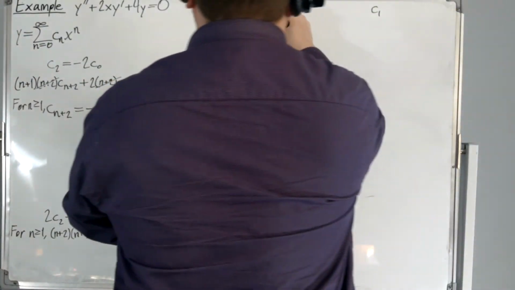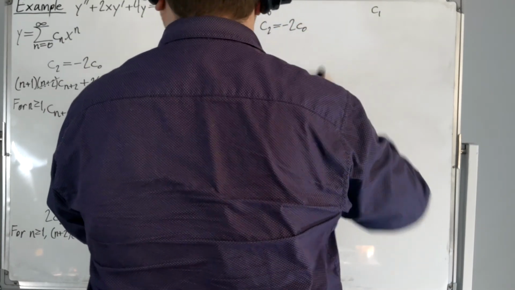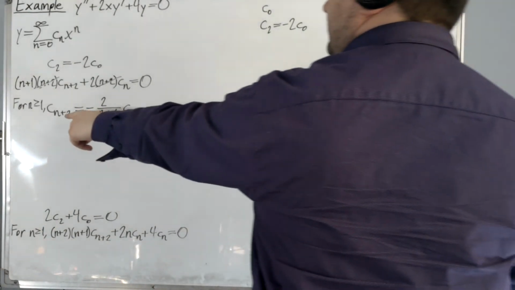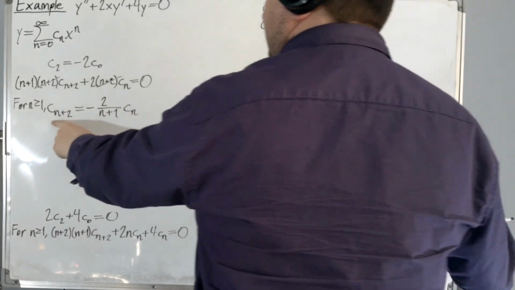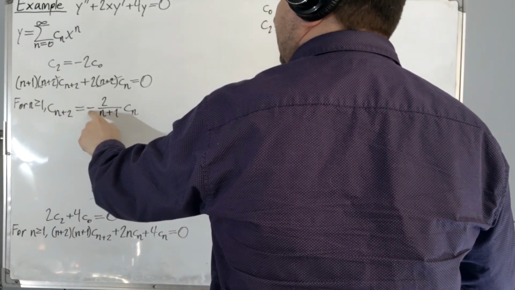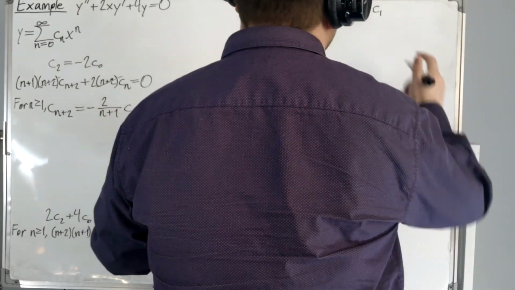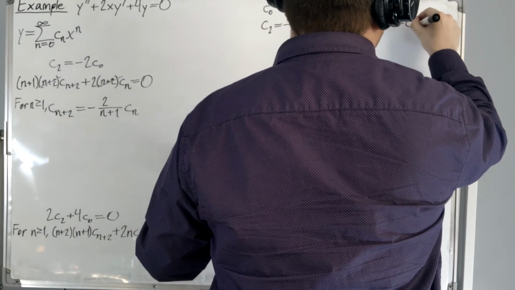C2 is apparently negative 2 times C0. Then C3, that's when n equals 1 in this equation. C3 is going to be negative 2 over 2 times C1. So C3 is going to equal negative C1.